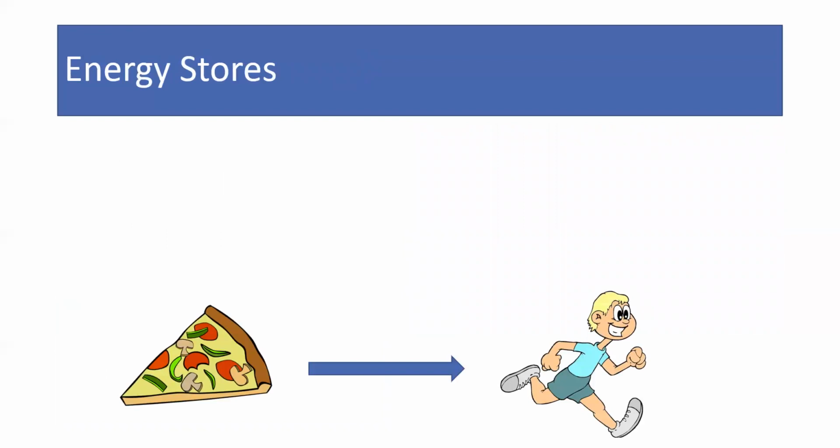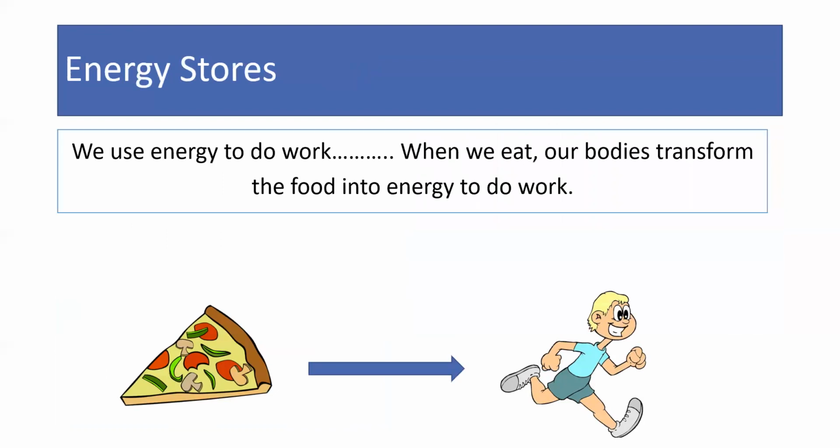So energy store, if you look at the pizza, it stores energy. What energy is stored in there? The energy stored in there is what makes the person do some work by running. The person running needs the energy from the pizza in order to run.